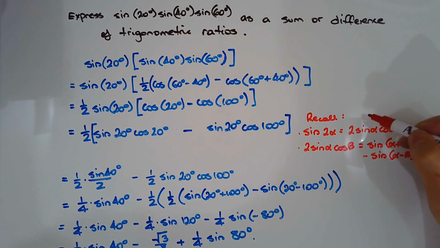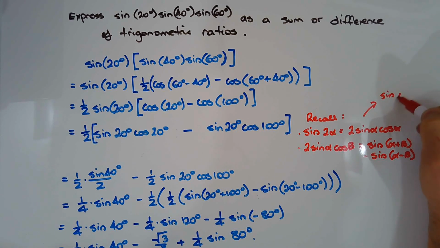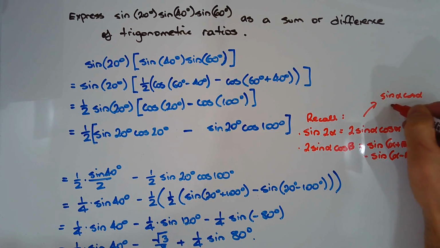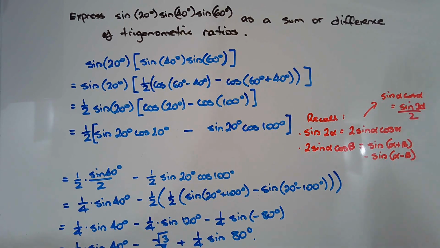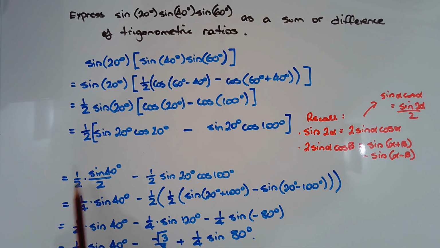So if we make sine alpha cos alpha the subject of the formula, sine alpha cos alpha is equal to sine of 2 alpha all over 2. And that's where the sine of 40 on 2 comes from. So we have half of sine 40 on 2. That takes care of this part of the expression.